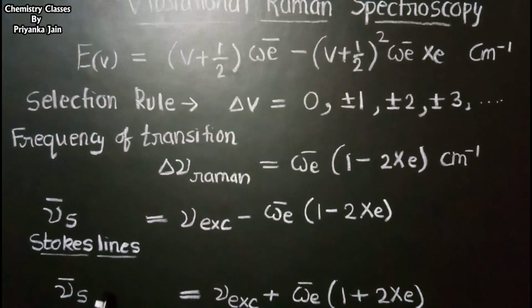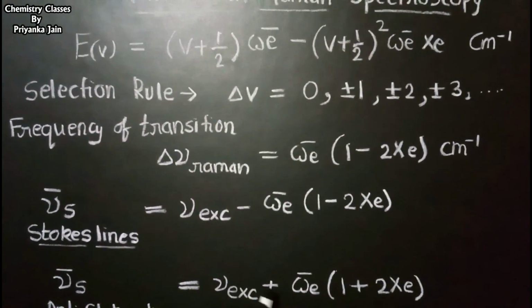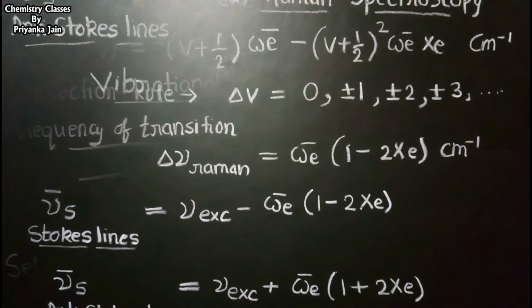Similarly, the frequency of the anti-Stokes line will be obtained by adding this value to the frequency of the incident radiation, because the frequency of the anti-Stokes lines is higher than that of the incident light. So the frequency of the anti-Stokes line will be nu excitation plus omega e bar times (1 plus 2xe).